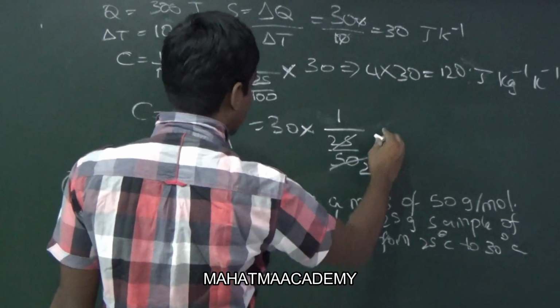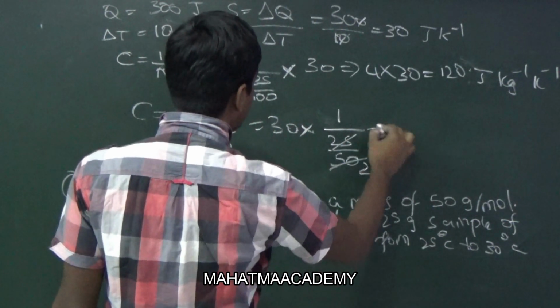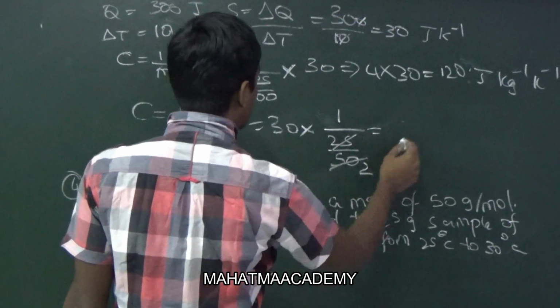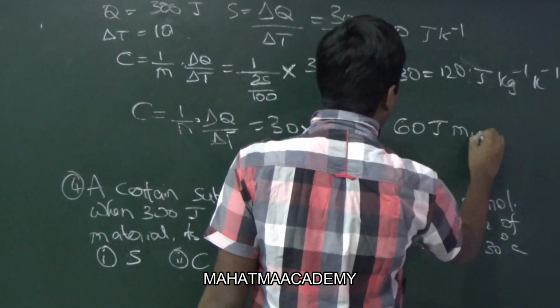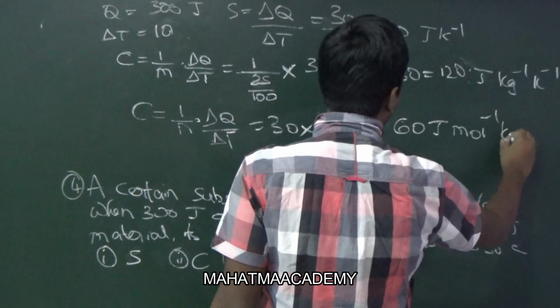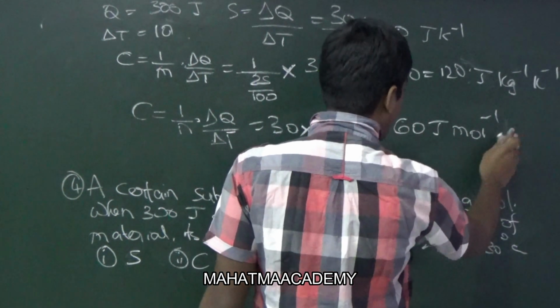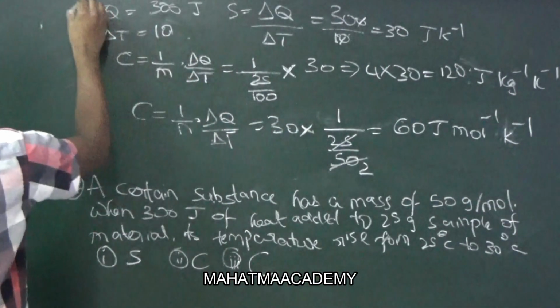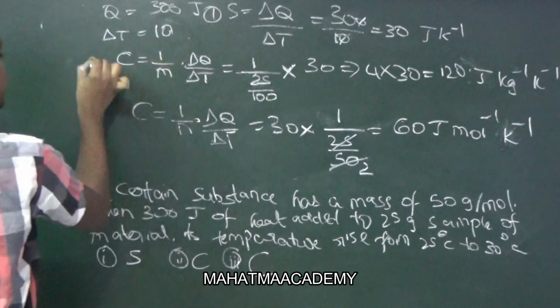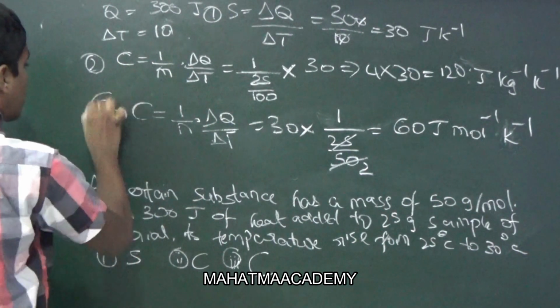Ones, twos. So it includes 30 into 2 is 60 joule mole inverse Kelvin inverse. Okay, these are the first one, the second one, the third one. Let's check.